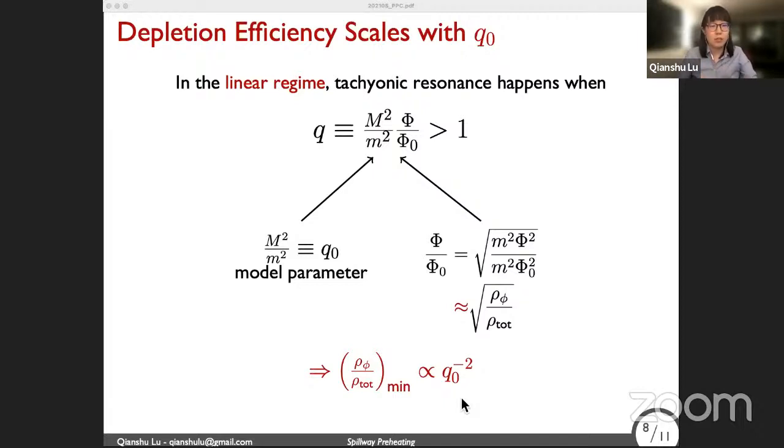Okay. Now, of course, this is a very simplified analysis. We assume a condition that only applies in the linear regime, and I have made some assumptions to calculate this ratio of the oscillation amplitudes in terms of energy densities. However, amazingly, we found through our numerical simulations that this power law is actually true in our system.